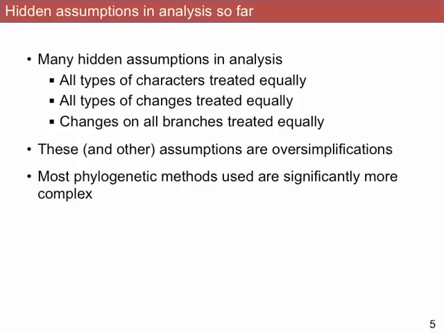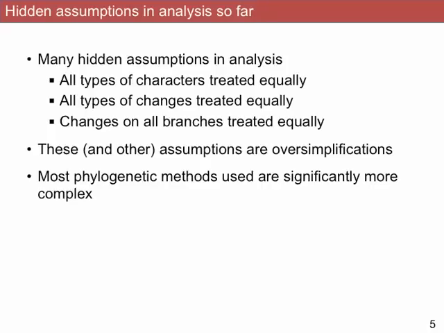So in the last lecture, I talked about this briefly. The parsimony analysis that we did in the class is really important for giving you the general principles for how phylogenetic reconstruction works. But there are many, many, many assumptions that we made in the course of doing it the way we did it. And I listed 3 of these assumptions here as just examples: that all types of characters are treated equally, that all types of changes are treated equally, and we're going to talk about this again.